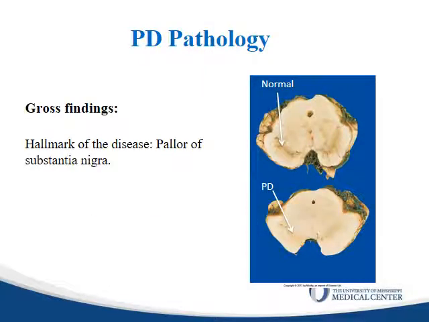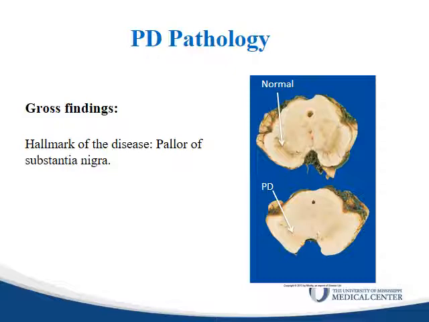Regarding the gross findings of Parkinson's pathology, the hallmark of the disease is the pallor of the substantia nigra. You can see that this is a normal midbrain section showing the normal substantia nigra, and the lower part of the panel is the Parkinson's disease brain.